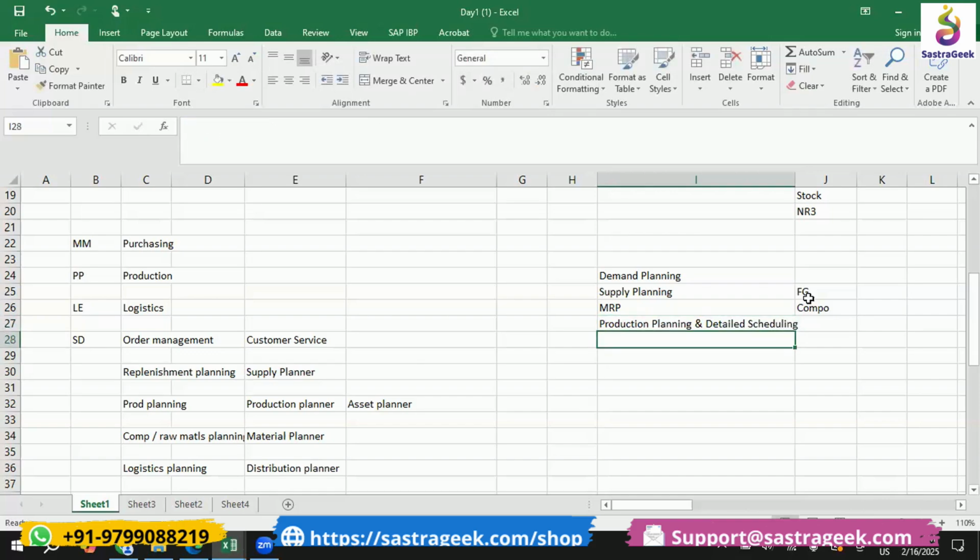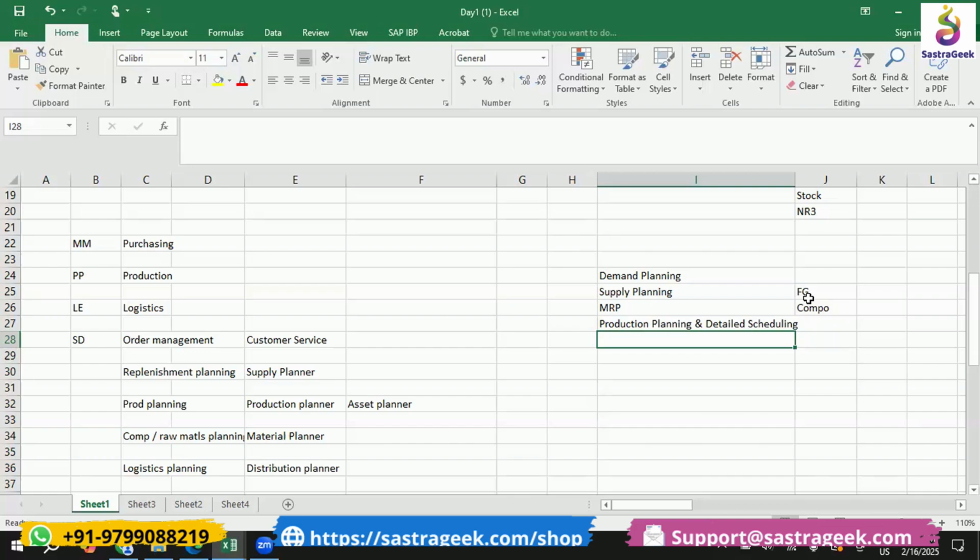People who have exposure to APO probably would have heard these terminologies, right? But people who have more experience in execution, probably not, right? So since we may have a mixture of candidates here, I'm just trying to go slow and see if these concepts, if these terminologies are making any sense.